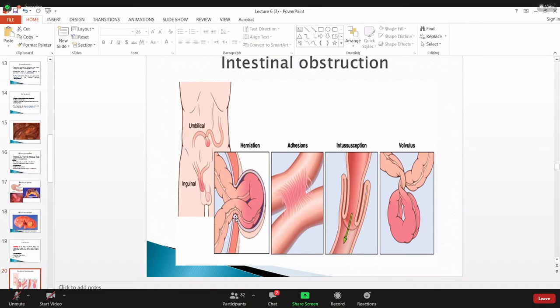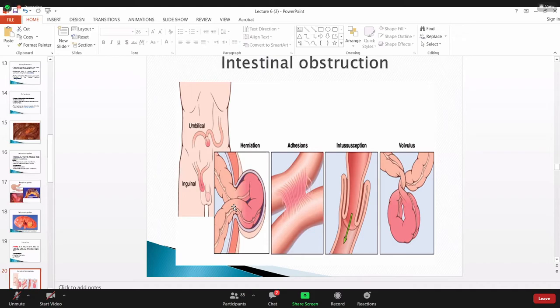Why does it cause obstruction of the bowel? Because there is narrowing. You see how at the edges, what we call the neck of the sac, this area presses on the bowel loops and may lead first to narrowing, then total obstruction, depending on the degree of pressure. The other thing is that when protrusion through the hernial sac happens, edema develops, some sort of venous congestion, because it presses on all structures including the blood vessels in this area.